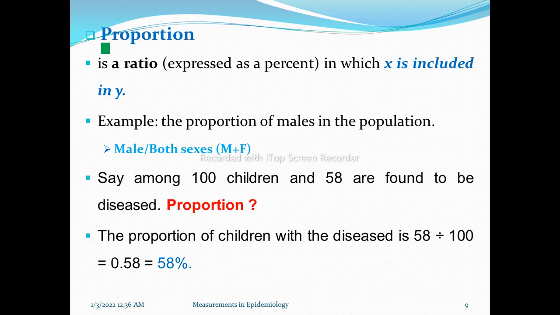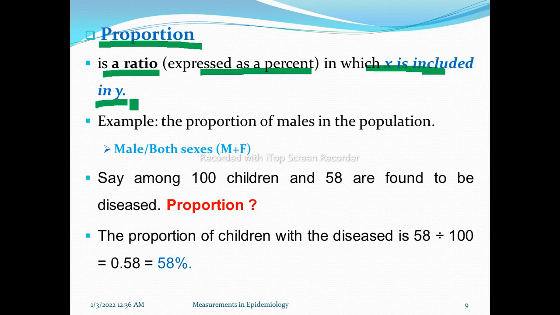The second type of epidemiological tool is proportion. A proportion is a ratio expressed as a percent, in which x is included in y. This is not independent. That means this is x over y, where x is included in y. So there is male here over male and female, meaning the total population.